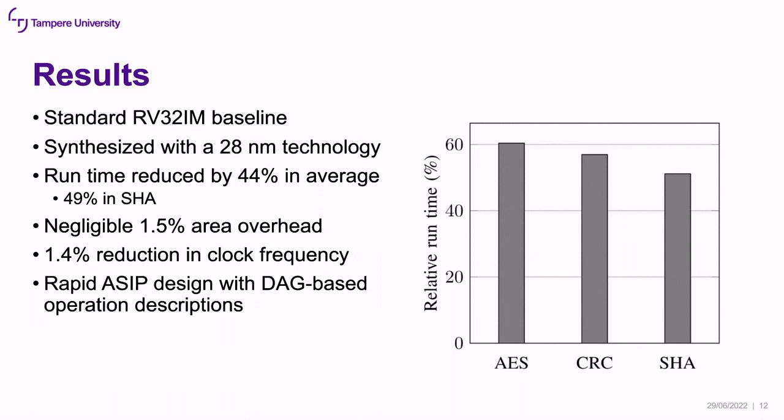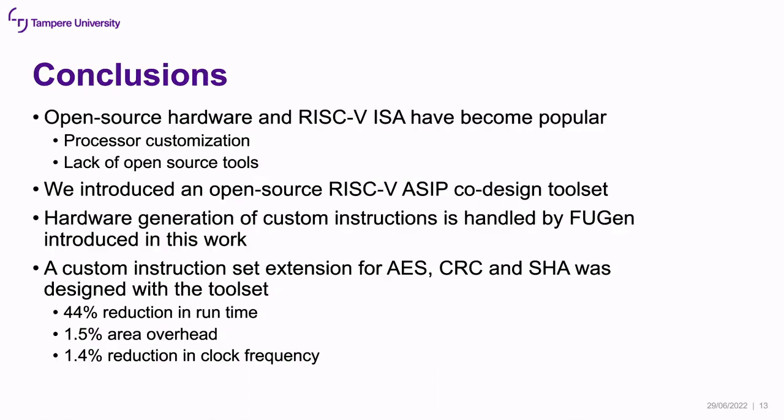The custom instruction set extension increased the area only by 1.5% and reduced the clock frequency by 1.4%. We could add the custom instruction set extension with little design effort thanks to the DAG-based operation descriptions and function unit generator that automatically generate the function units that implement the custom operations.